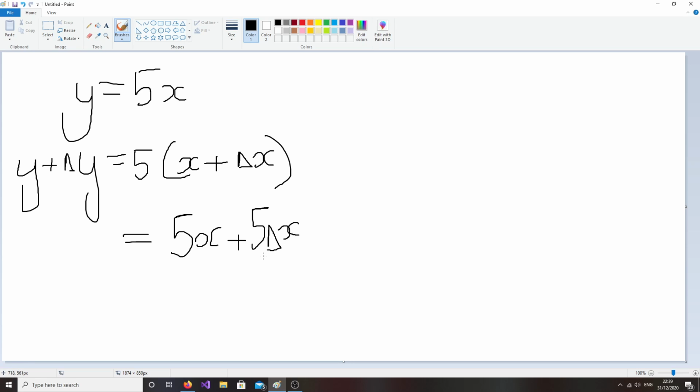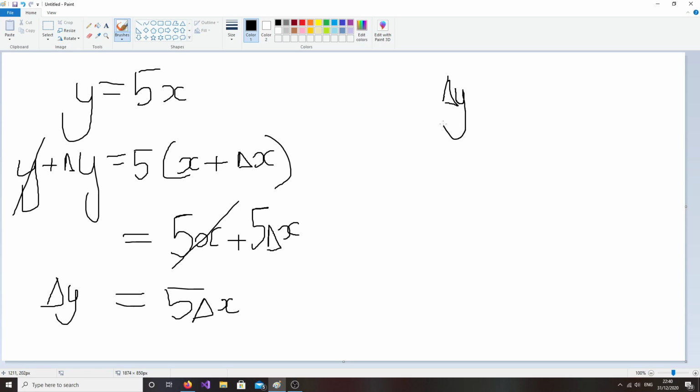And then what we'll do is minus the y, and this gets rid of this, so delta y equals 5 delta x. Now it's pretty standard here, so delta y over delta x equals 5.